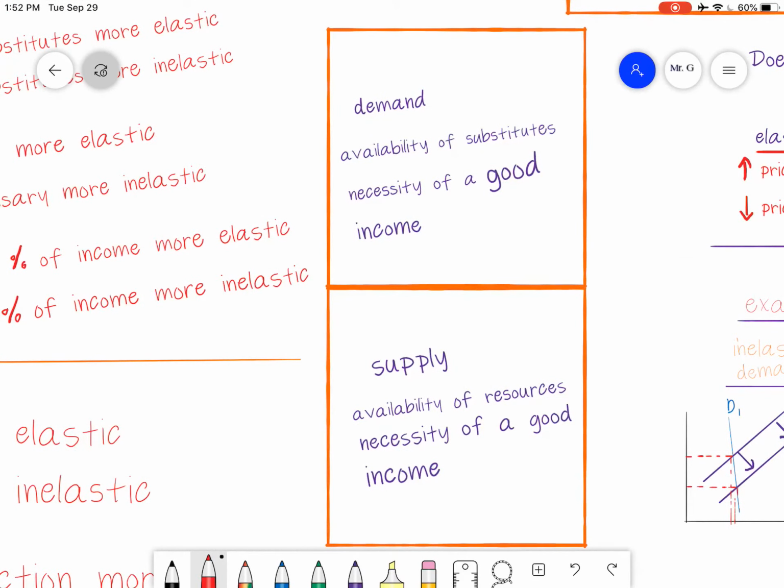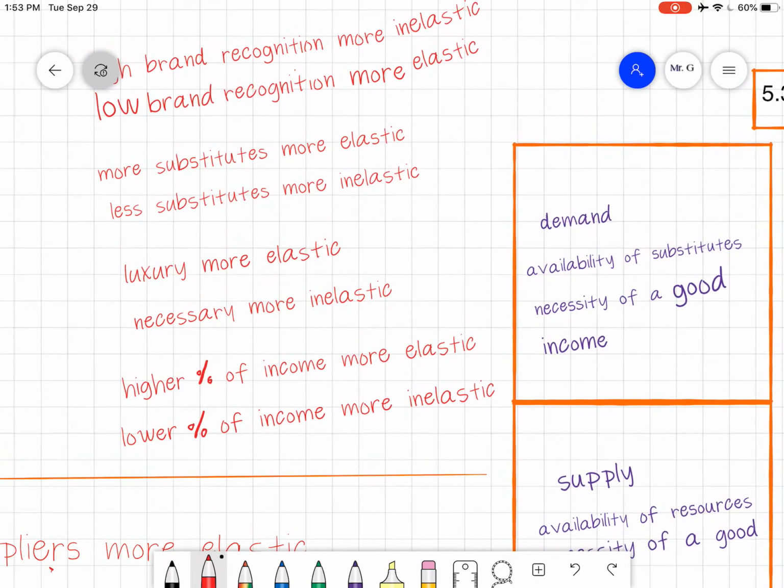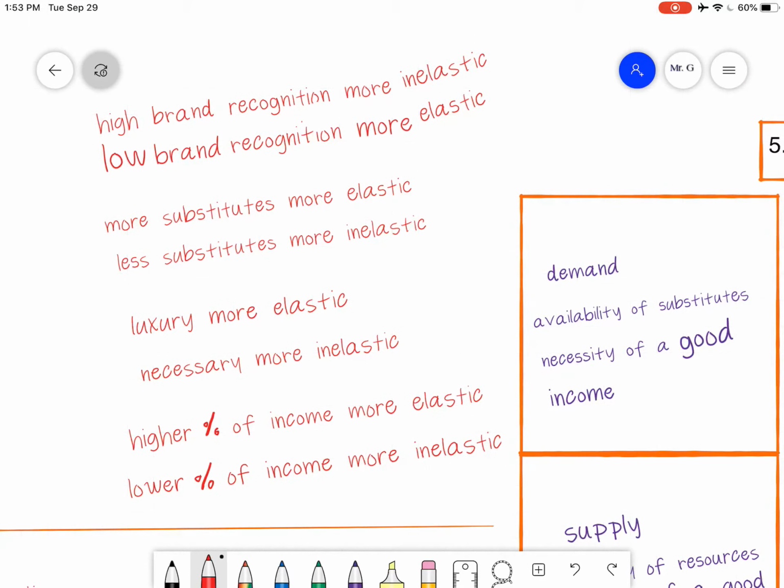So if we look at it, for demand, what makes something more inelastic or more elastic? The first one is availability of substitutes. So more substitutes, more elastic. The more substitutes there are in the market, so there are lots of different places that sell coffee.